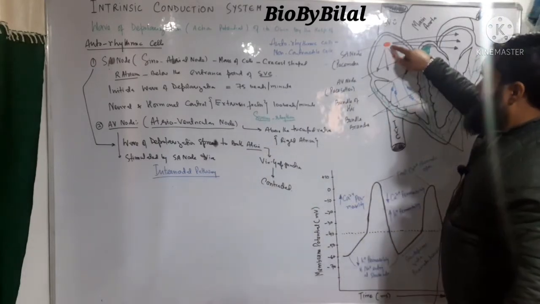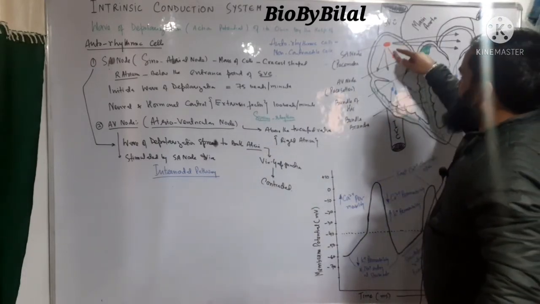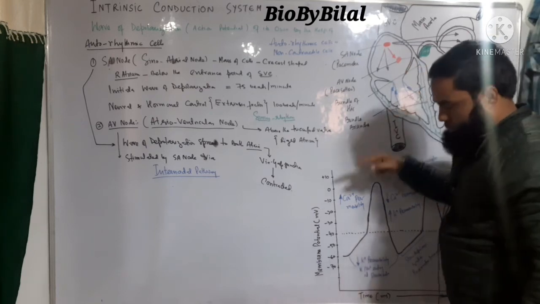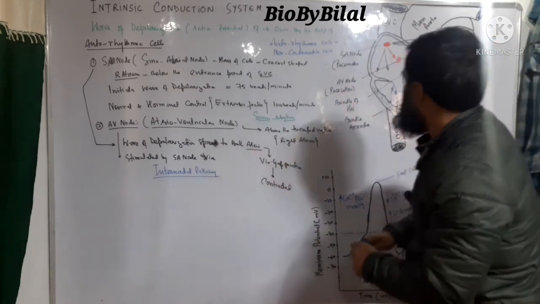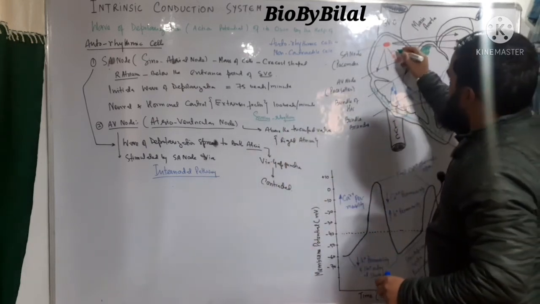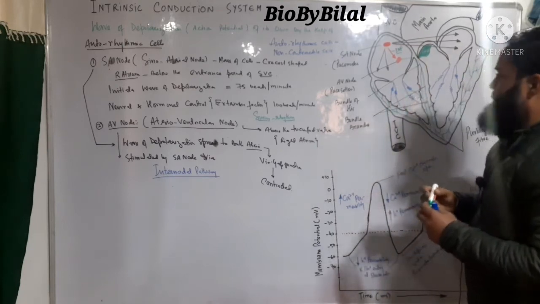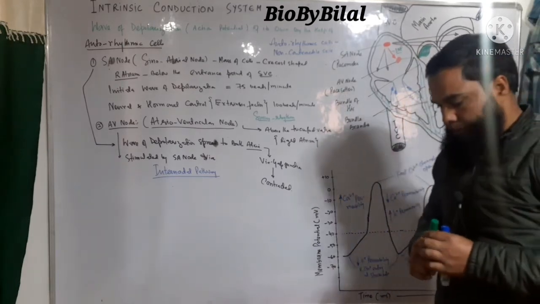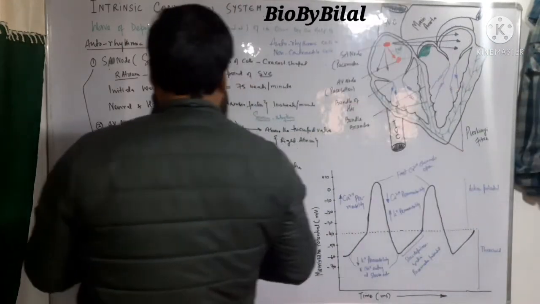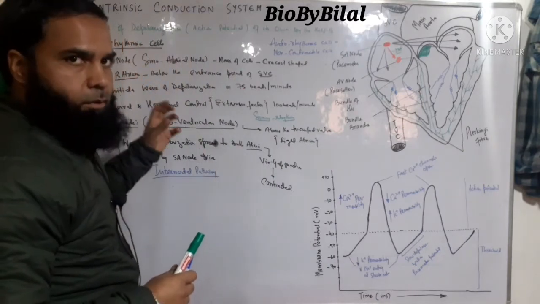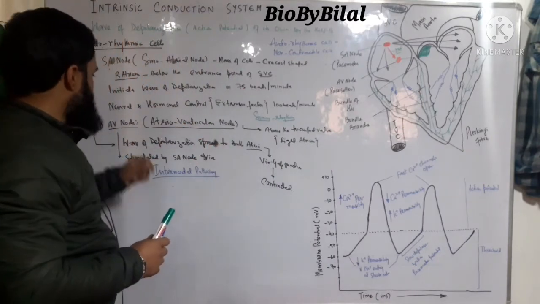I mentioned here the SA node, internodal pathway as well as the AV node with the help of red marker. This is the internodal pathway, INP. Through the internodal pathway, the wave of depolarization spreads towards the AV node.